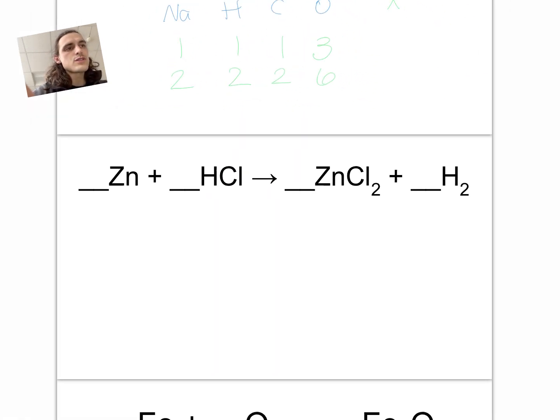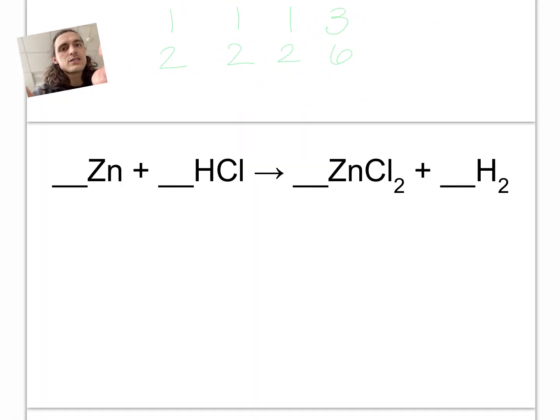Let's come here to try to balance this. My suggestion when you're setting this up is to always start by just seeing how much of each atom there is. So I'm going to write on this side Zn, H, and Cl. Again, this requires you to know that Zn is one element, H is one thing, and Cl is one thing. If you come across symbols you're not familiar with, just know that anytime there's a capital letter, it's a new element.